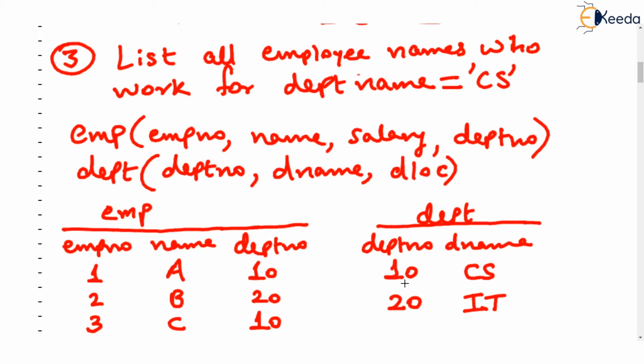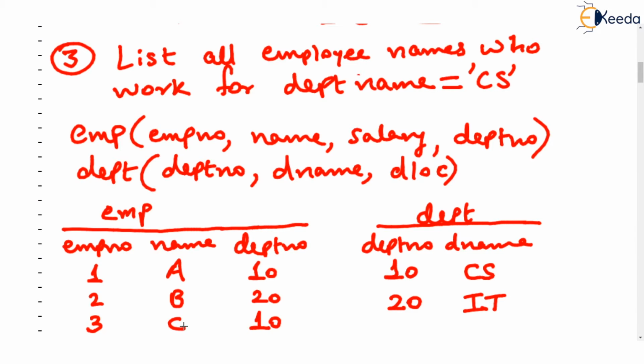Observe the department relation. Department number given to the department name CS is 10. So you will have to check the EMP relation. Who are the employees who work for department number 10? Employee name A and employee name C should be listed. I hope this is clear.